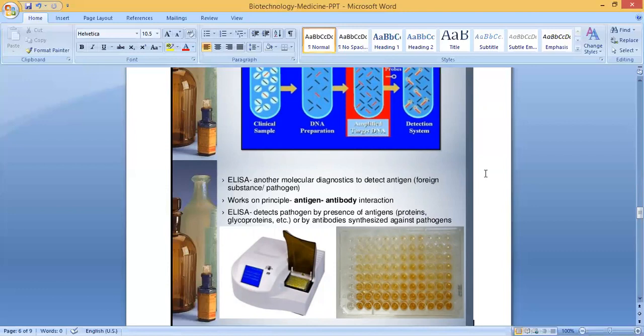So how does it detect? ELISA detects pathogens by the presence of antigens like proteins or glycoproteins, etc., or by antibodies synthesized against pathogens.